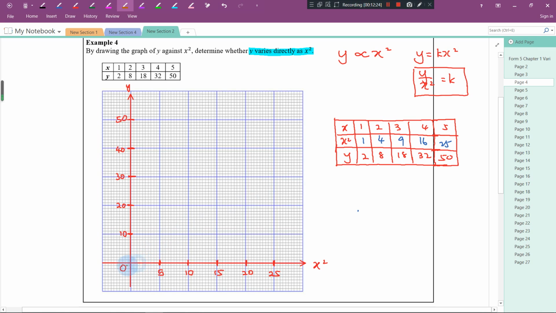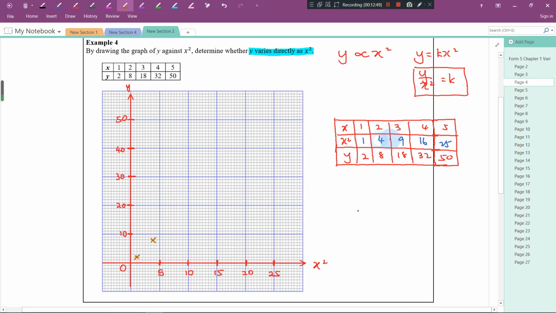When x squared is equal to 1, y is equal to 1, 1 is over here, and when x squared is 2, y is equal to 2 should be here, right? And x squared is equal to 4, y is equal to 8, should be here.